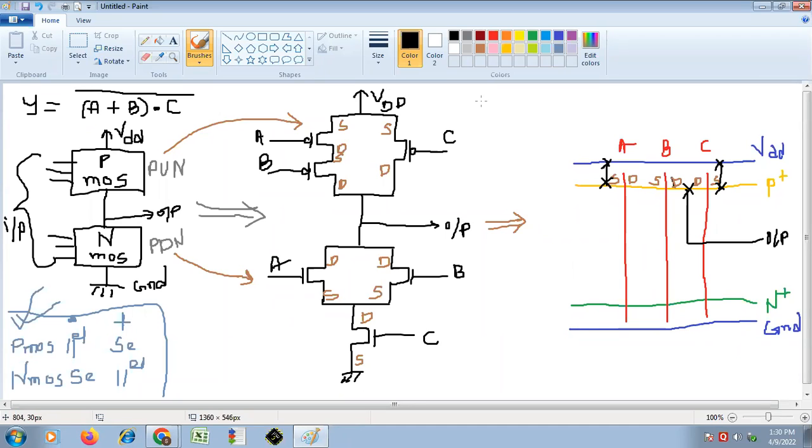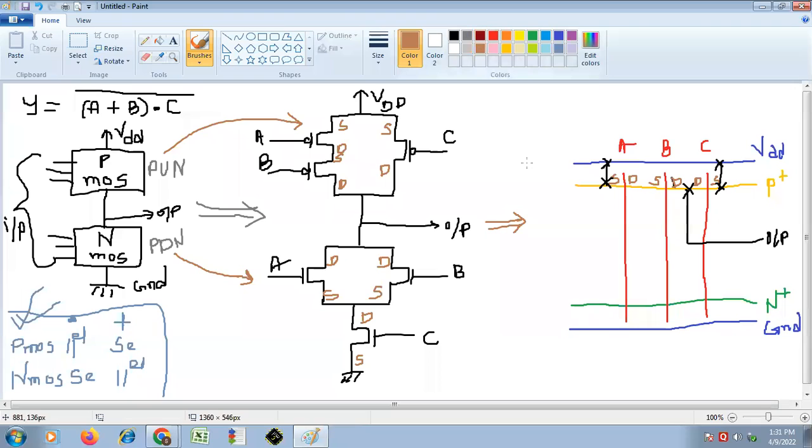Now we have to come to the pull-down network. In case of pull-down, as you know, this is B and C, this is the fixed one. Now the drain of A and the drain of B, we have to connect to the output.